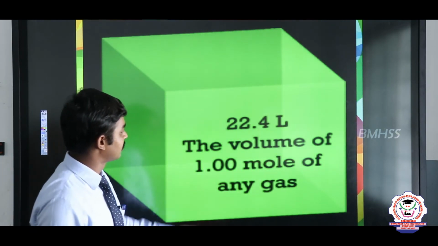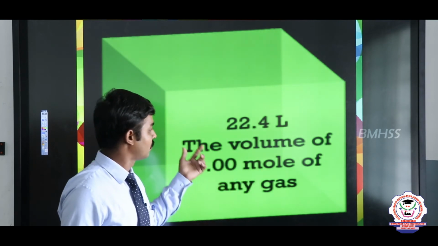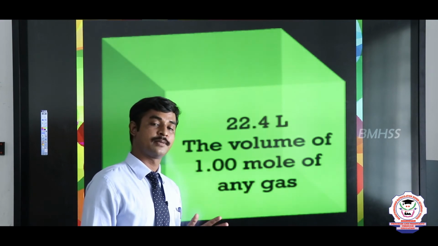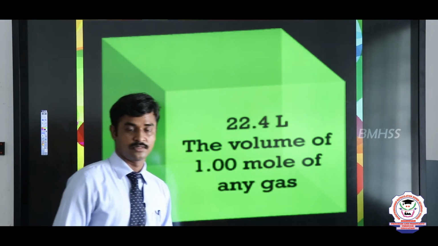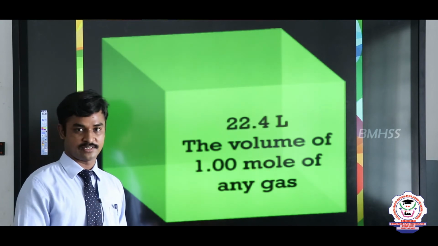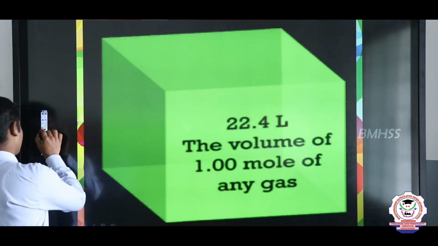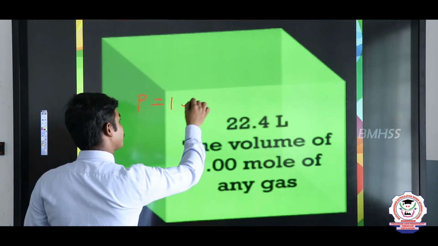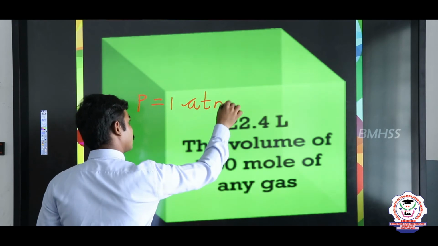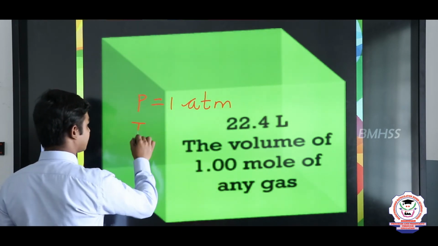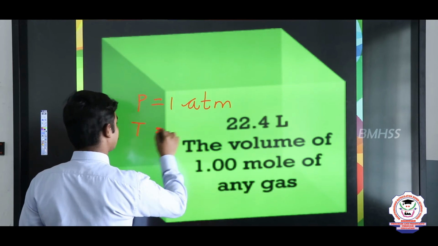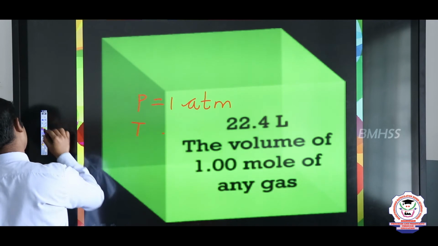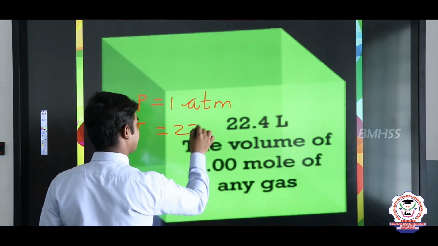So, for example, we have gas molecules in a volume of 1 mole. We maintain the temperature and pressure at standard values. The standard pressure is 1 atmosphere and the standard temperature is 273 Kelvin.